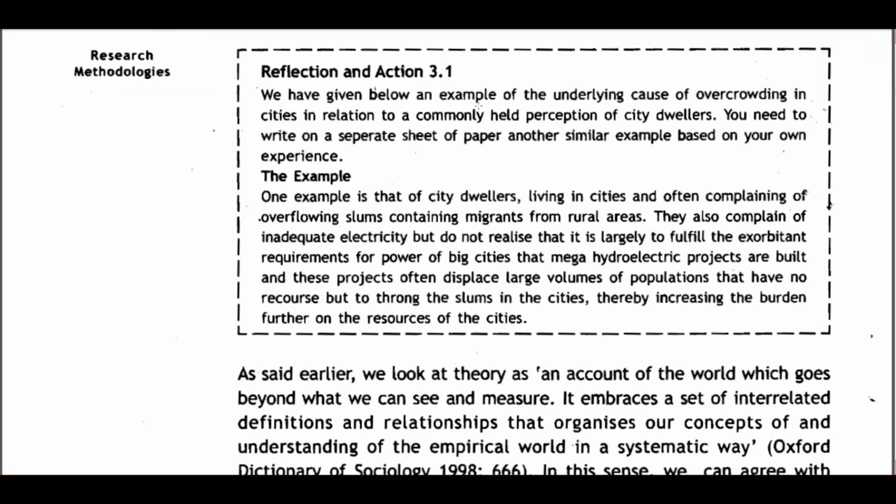We have given below an example of the underlying cause of overcrowding in cities in relation to a commonly held perception of city dwellers. You need to write on a separate sheet of paper another similar example based on your own experience. One example is that of city dwellers living in cities and often complaining of overflowing slums containing migrants from rural areas.